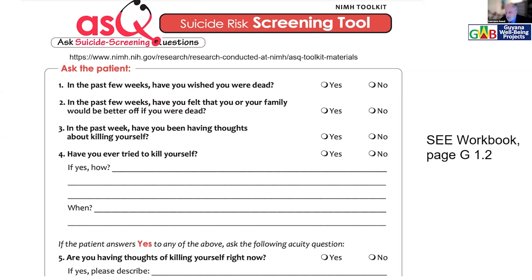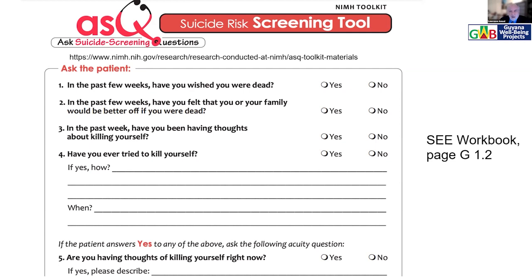I don't know that you're necessarily going to use this as a universal screening tool for every clinical encounter that you have. But let's assume that there was some reason why you had to be concerned. So this tool will help you decide if that concern is strong, if you have to worry about that concern, and what to do about it.